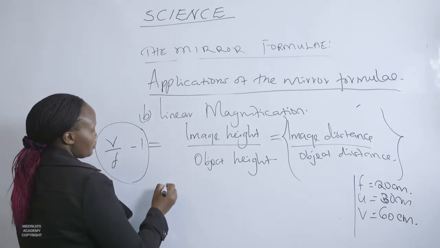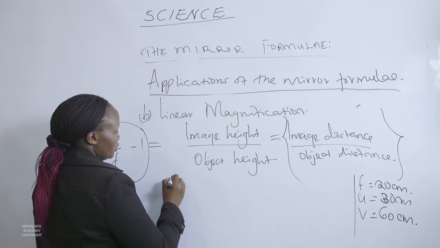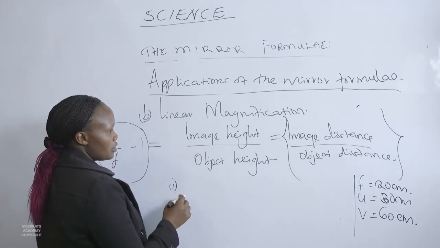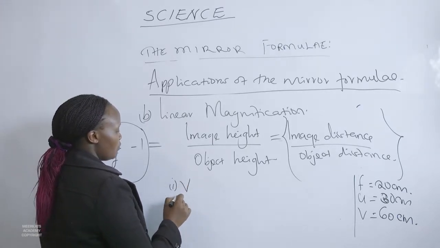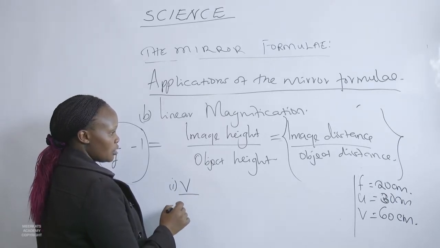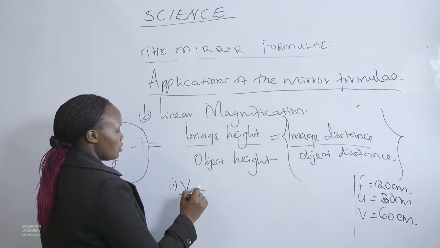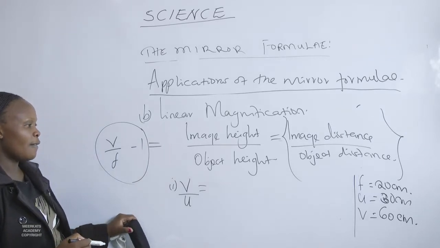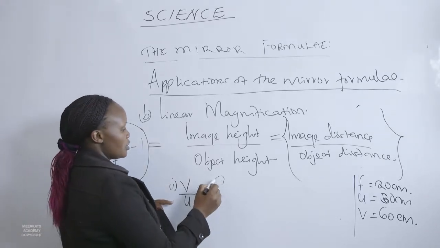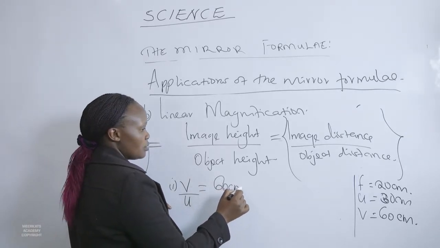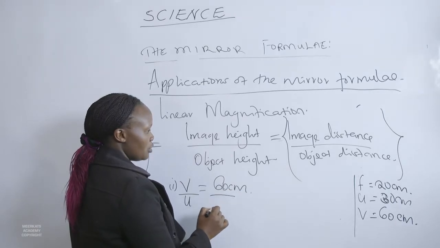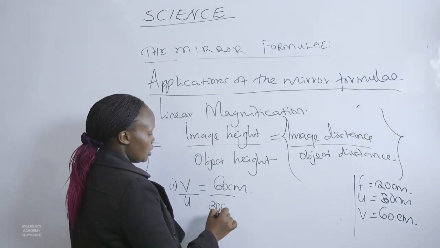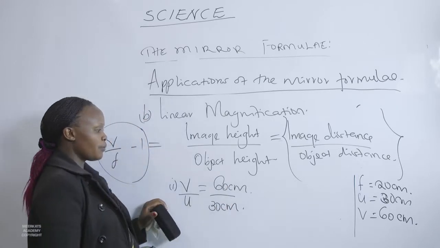Number one, we have image distance, which is V, over object distance, which is U, and V in our case is 60 centimeters. You divide by U, which is 30 centimeters.